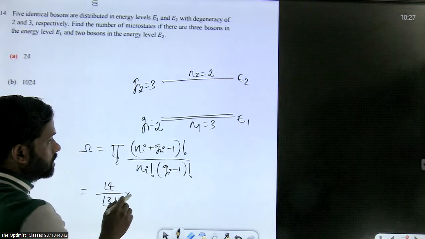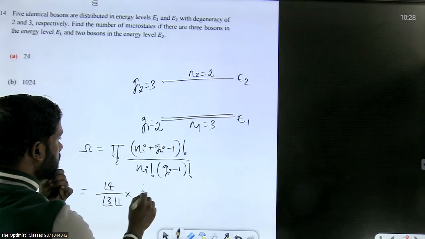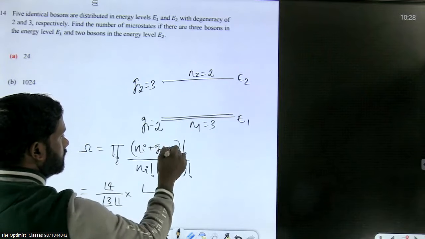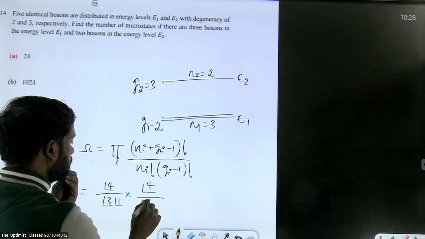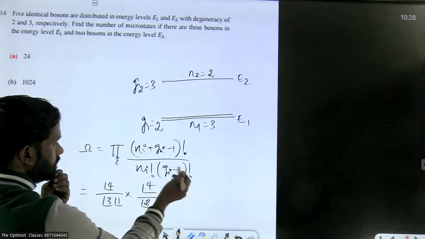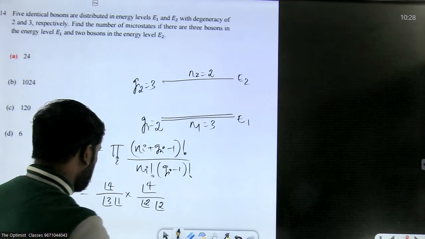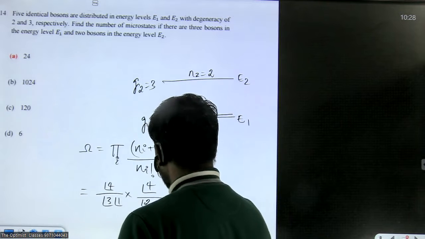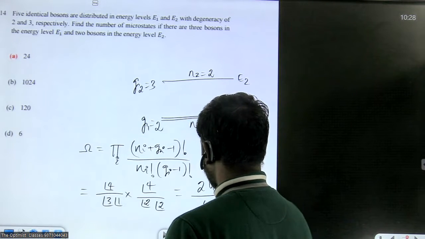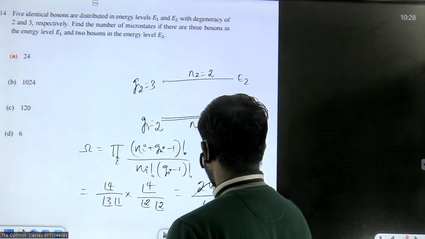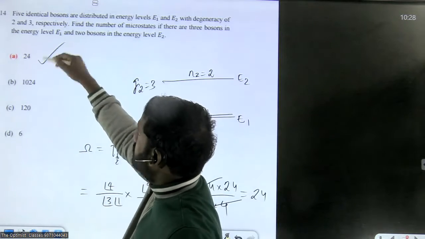Multiplied by the second level: 2 plus 3 minus 1 gives factorial 4, and n is 2, so factorial 2, and g is 3, so 3 minus 1 gives factorial 2. So from here we get 24 into 24, divided by 6 into 4, so the 24 cancels out and you get 24. So the correct answer is this, the number of microstates.